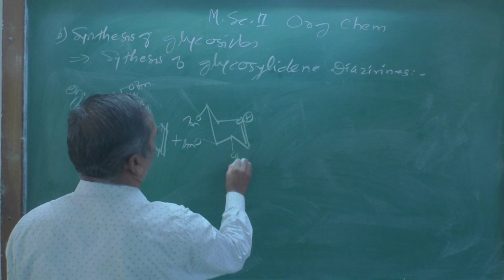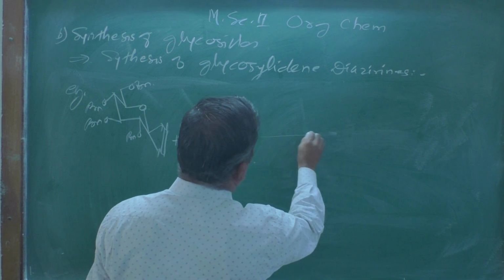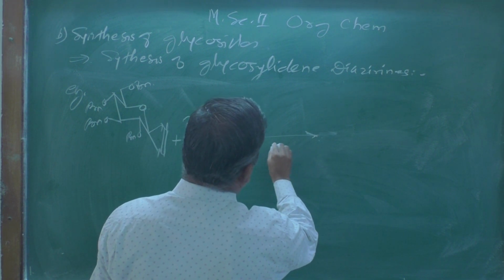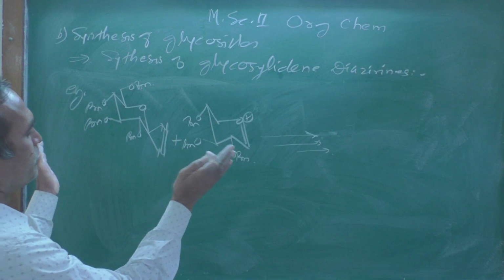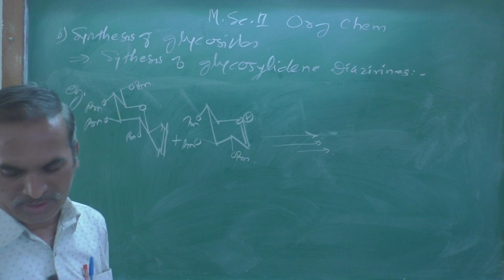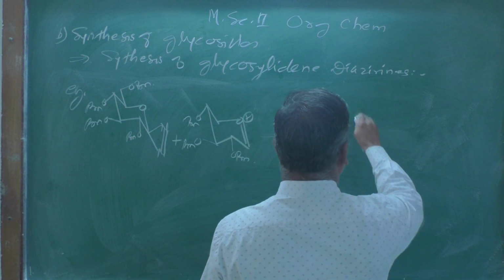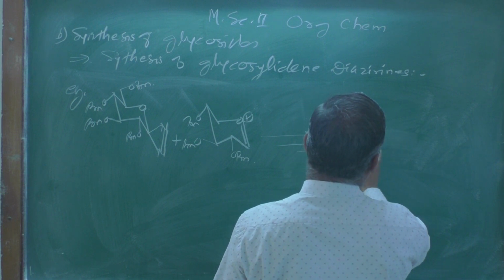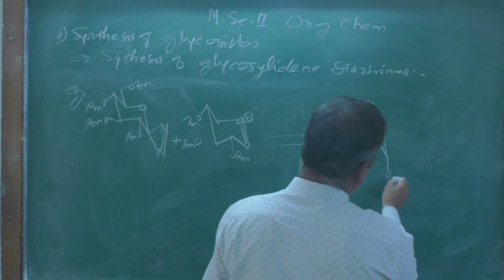Here once again OBn is shown over here, combining together, a lot of mechanism over there, so I am not going to show that mechanism over here. So by combining these two together, the final product we generally obtain over here, this one, then O.